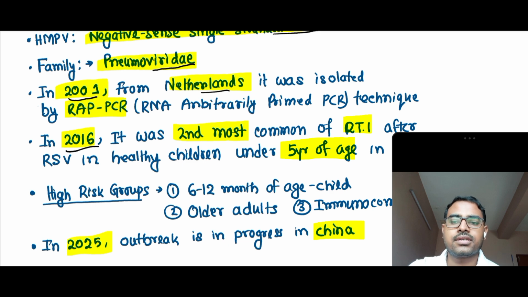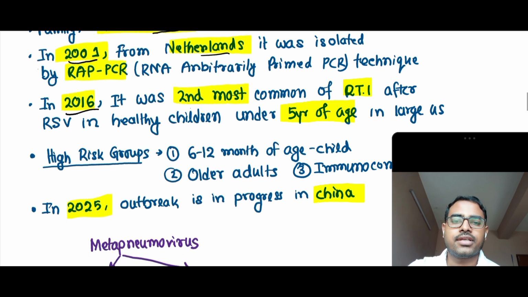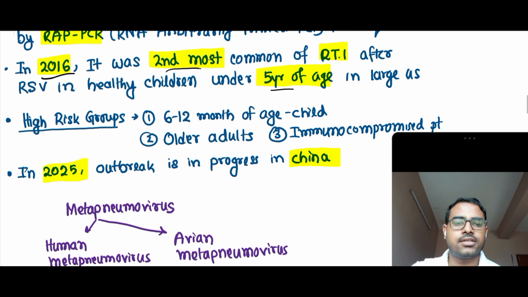In 2016, it was the second most common cause of respiratory tract infection in children under 5 years. The high risk groups affected till now are children 6 to 12 months of age, older adults, and immunocompromised patients. In 2025, an outbreak is in progress in China.